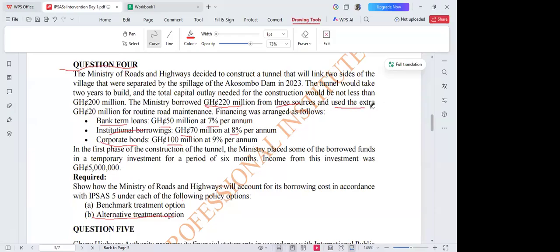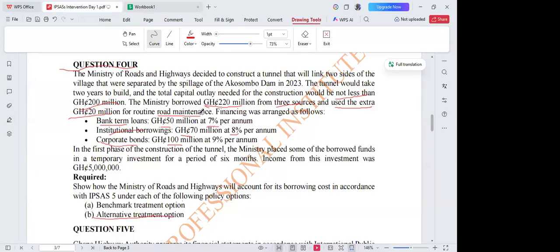But they say we used the extra 20 million. So what's the extra 20 million? Of the 220, 20 million was used for what? Road maintenance. And how much was used for the tunnel? They even mentioned that the construction will not be more than 200, meaning the maximum figure for that will be 200.